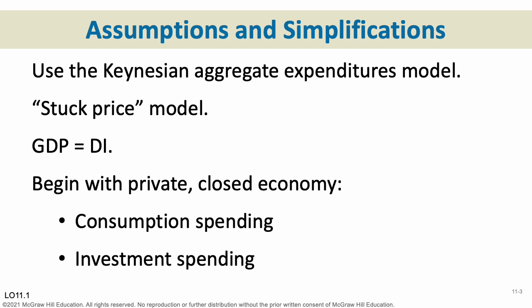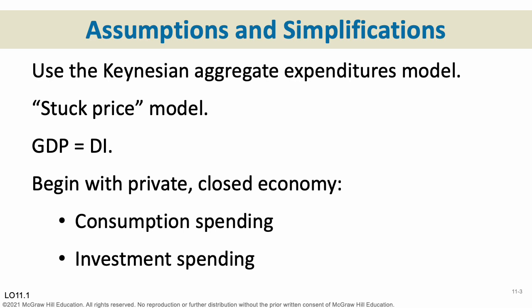So we're going to start with the simplest model, where we ignore government and also trade. So we're looking at what's known as a private closed economy. No international trade, no government spending, and we're going to consider all savings to be personal, not business. So this is the simplest model, just to learn the theories.